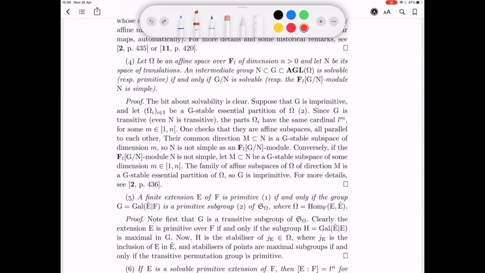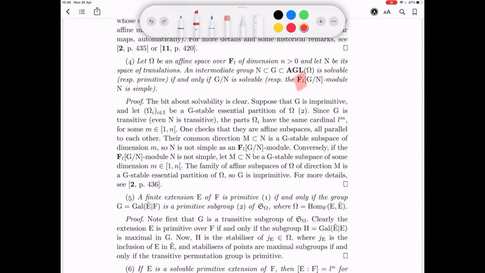So an FL H module is simply an FL vector space with a homomorphism from H into the GL of that vector space. GL is the group of all automorphisms of that vector space, right? In other words, it's a vector space over FL on which your group H acts by linear transformations, by FL-linear maps.